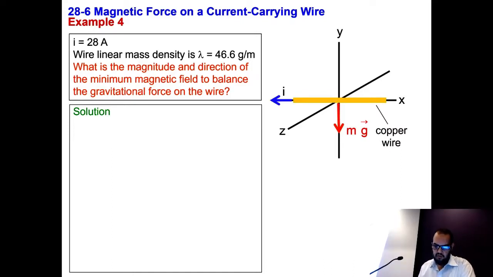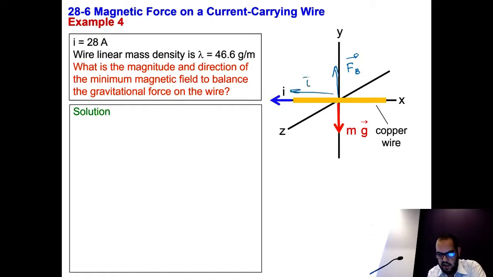Okay, so obviously, in order to balance the gravitational force, we have to have a magnetic force that is upward. Like we did in the checkpoint, you have the L vector, which is in this direction.